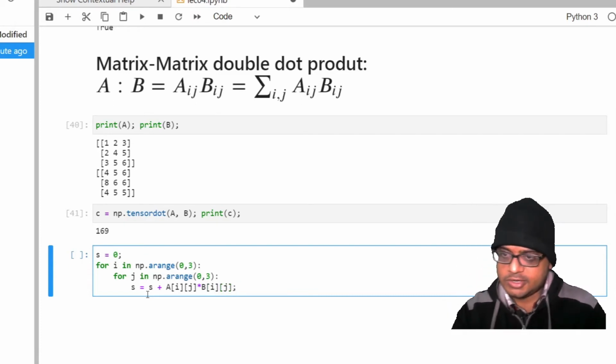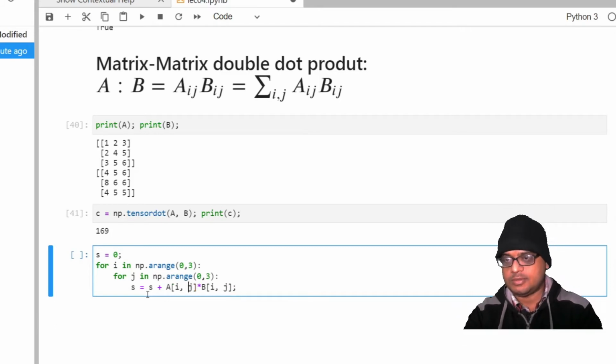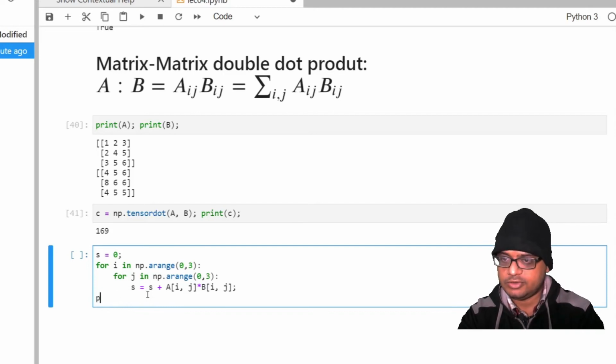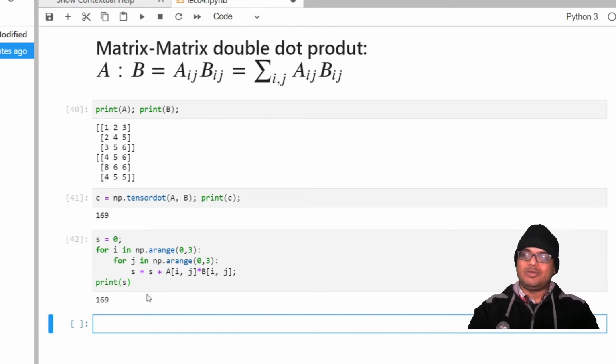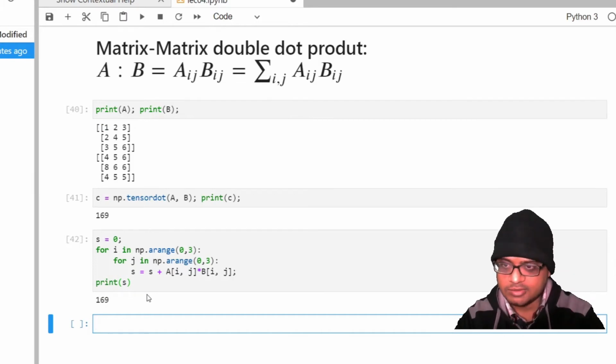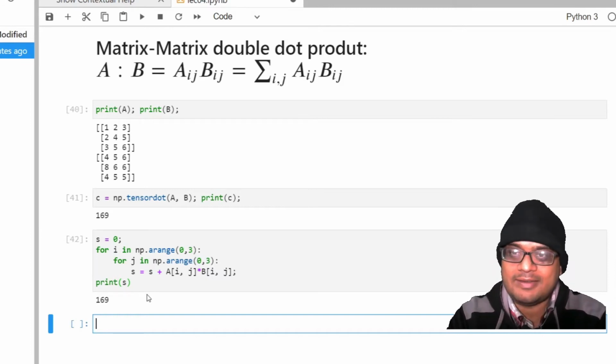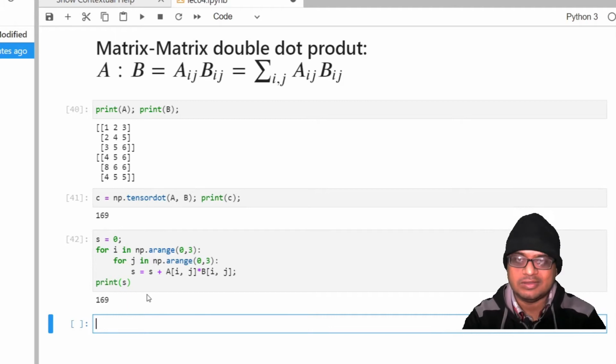I've written it like this, but this is also equivalent. This is also the same thing. At the end of the computation, let us print what s is. So s is equal to 169. So we've established what a tensor dot product is. A tensor dot product contracts two tensors into a single scalar.